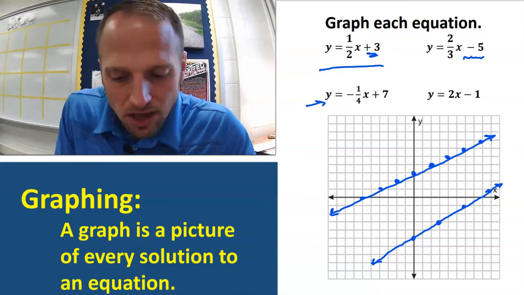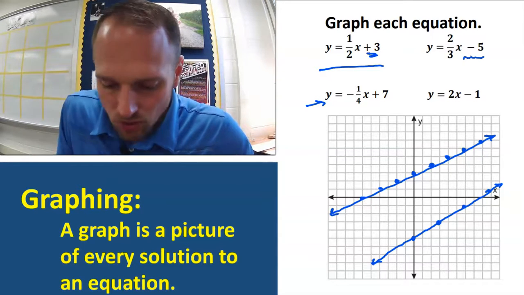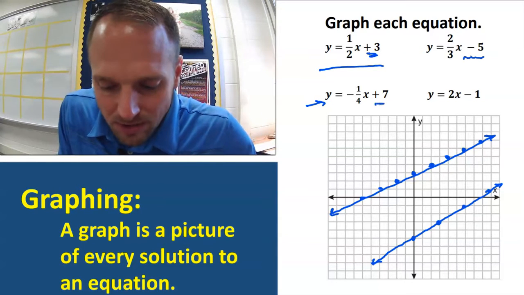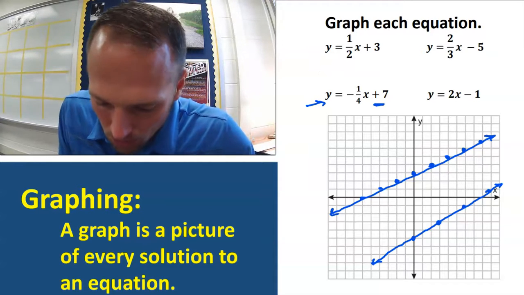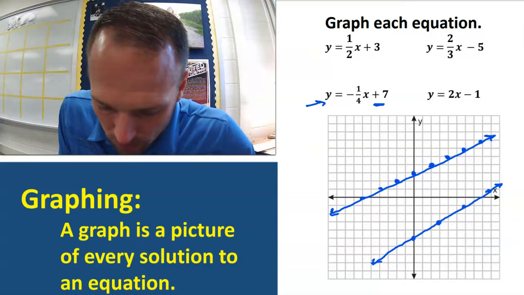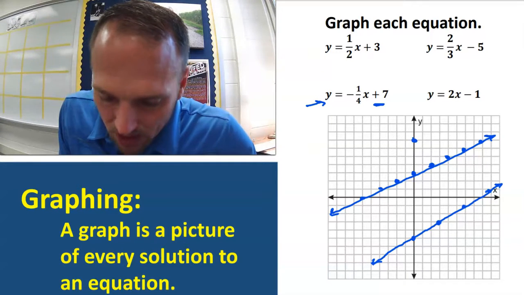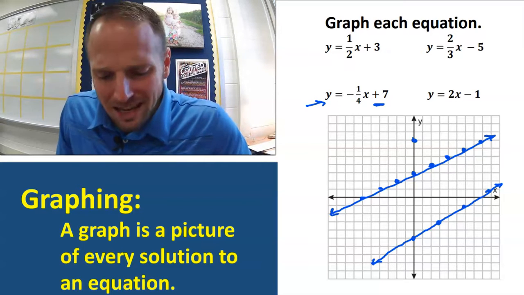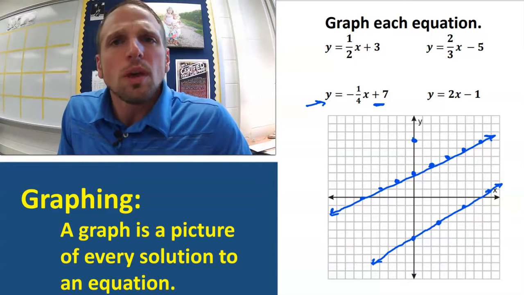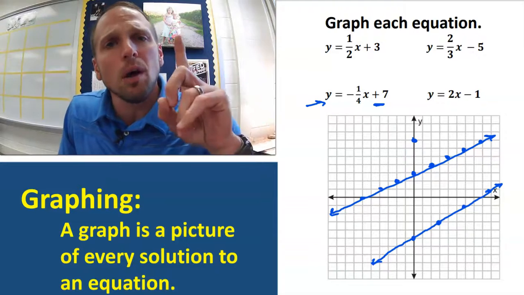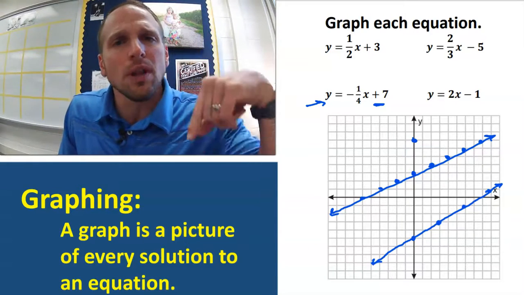Okay, next one, y equals -1/4 x plus 7. Okay, now this one's going to be a little bit different. There's something tricky in here, but the y-intercept is definitely still 7. So I'm going to go up 7, 2, 3, 4, 5, 6, 7. And then my slope is -1/4, -1 over 4. So when it's positive, we were going up. But since this is a negative slope, now we're going to go down.